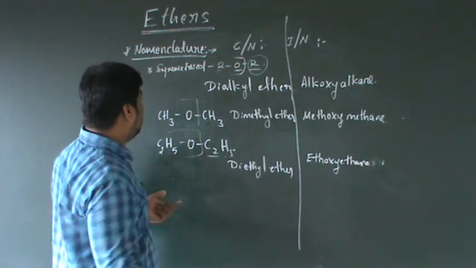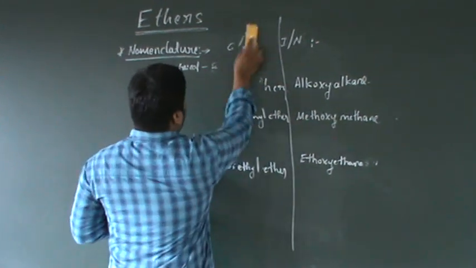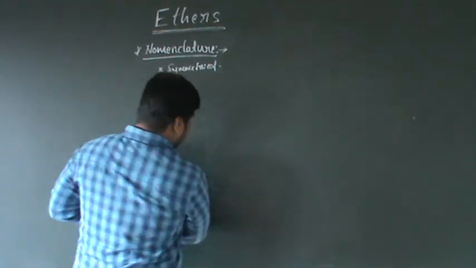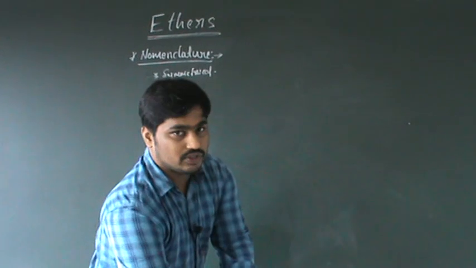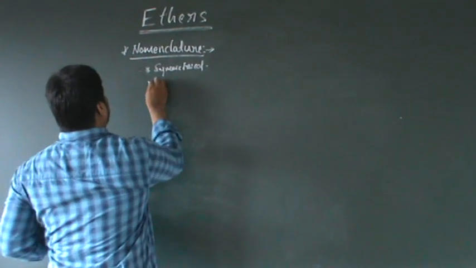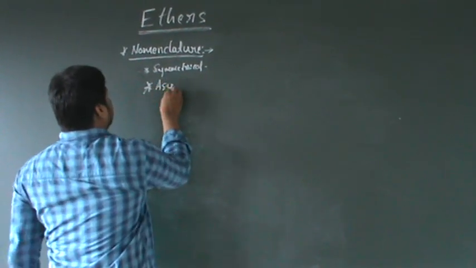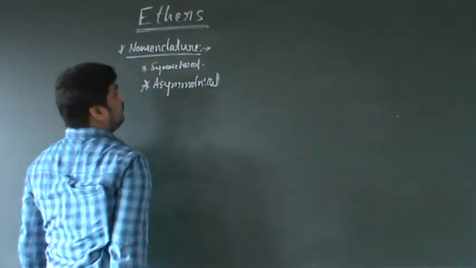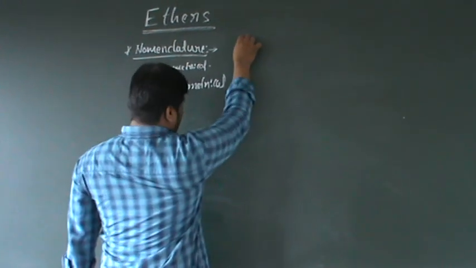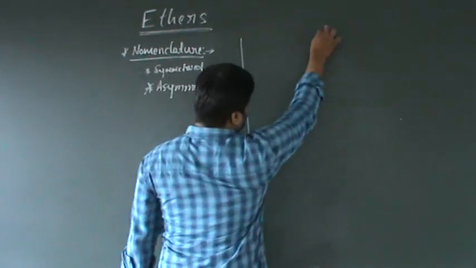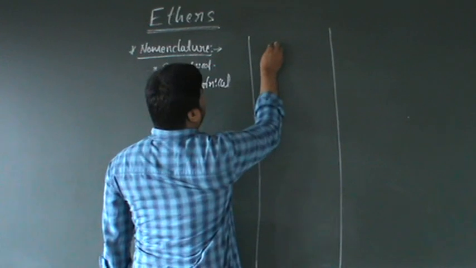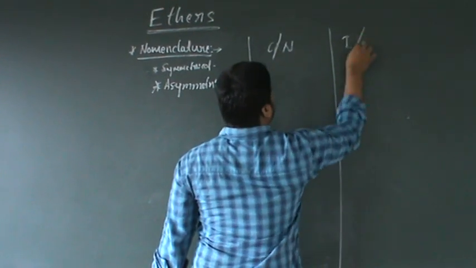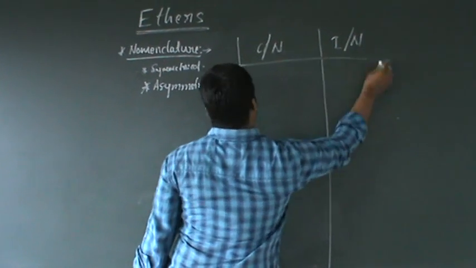Next we move on to the asymmetrical ether. If asymmetrical ethers are there, then there is a small twist we observe. In the case of asymmetrical ethers, the nomenclature is under the common naming system, and another one is the IUPAC system.